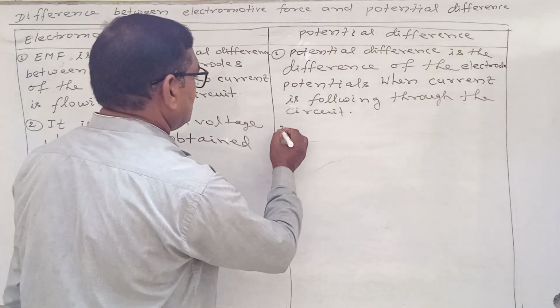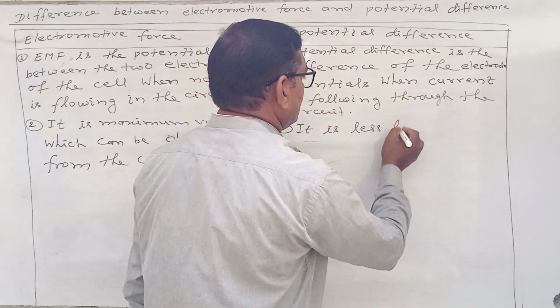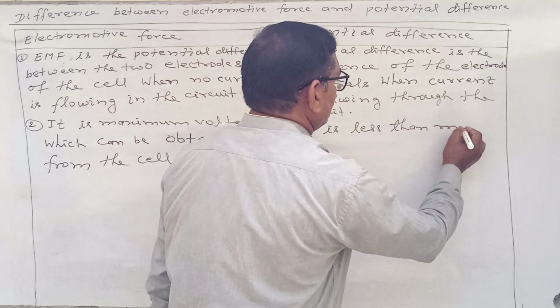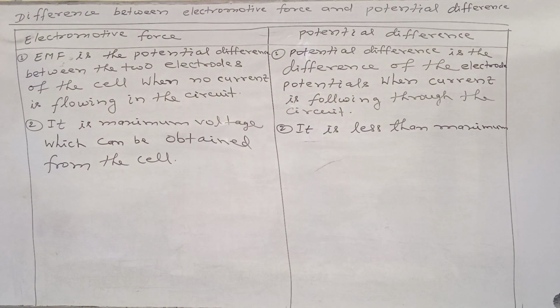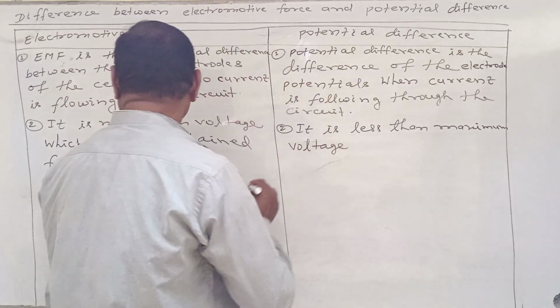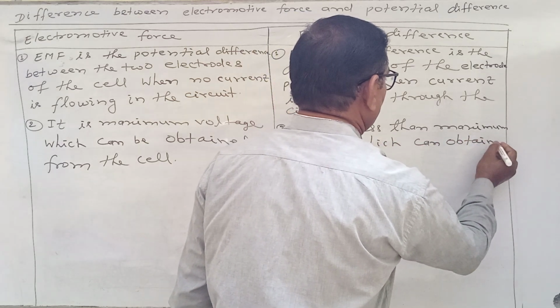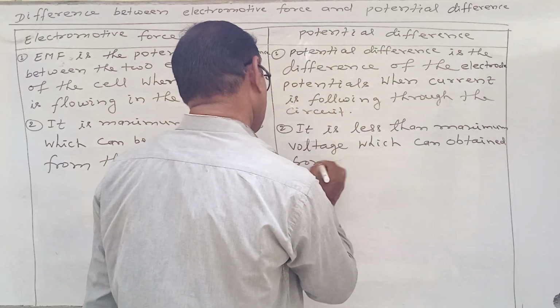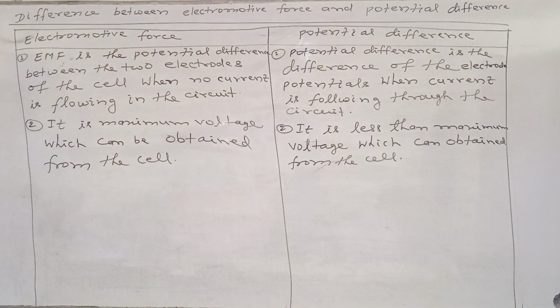Now we write the second point for potential difference: it is less than the maximum voltage which can be obtained from the cell.